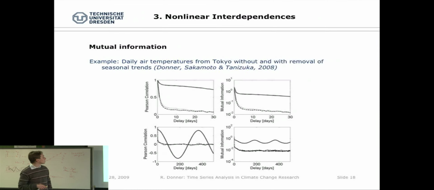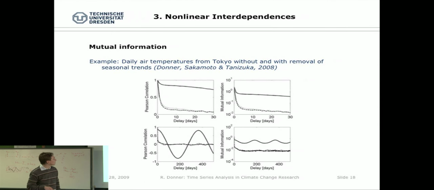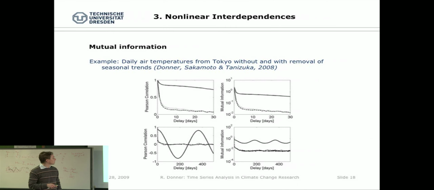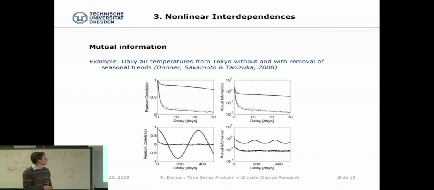Okay, to give you some idea of the mutual information, once again, you know this slide already, the time series of daily air temperatures from Tokyo. What we have done here is comparing the behavior of the simple autocorrelation function and the mutual information function for this series. And what you see is basically, if I remove these seasonal components, the behavior is pretty much the same.